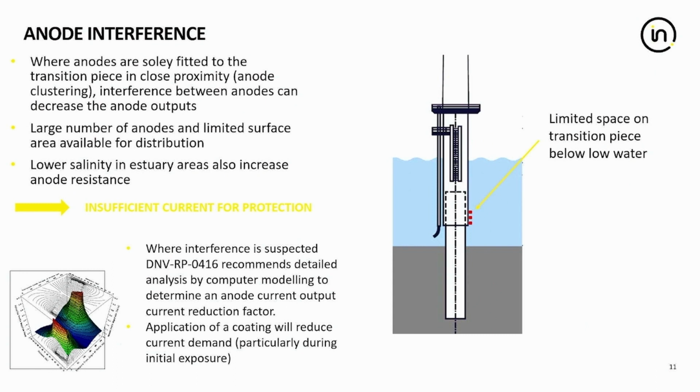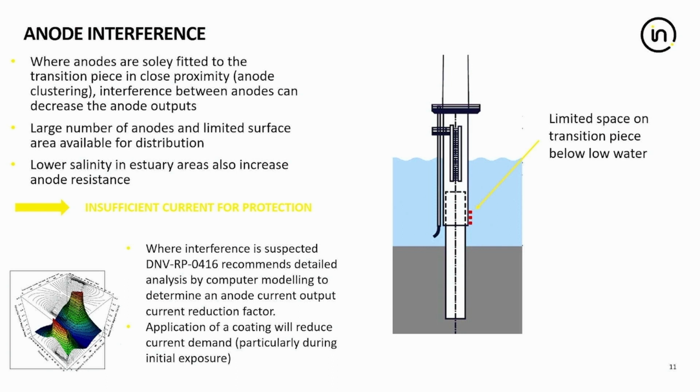The second issue that came up was anode interference. When galvanic anodes are located close together, because there's limited space on the monopile, on the transition piece, for installation, and obviously they need to be kept below low water, there are interaction effects between the anodes.